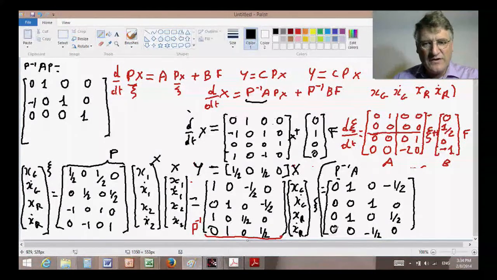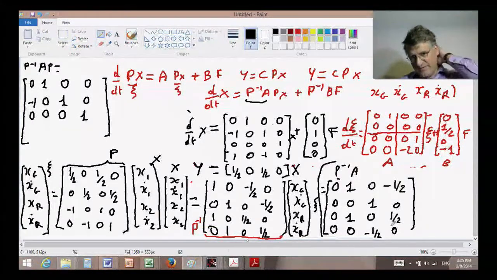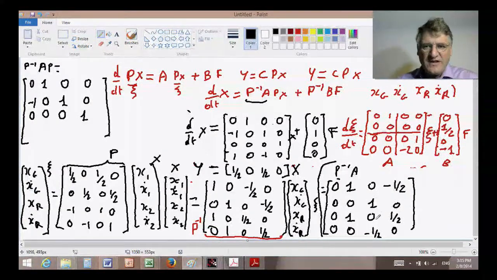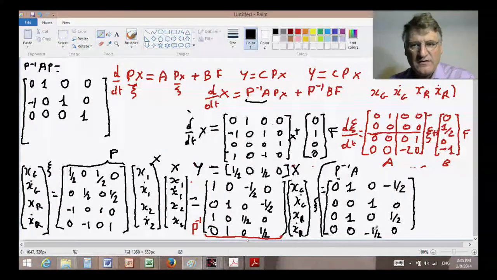So 0 times 1/2 plus 0 times 1/2 plus 1/2 times 1 plus 0 times 0 equals 1/2. There's a mistake, because this 1/2 should be a minus 1.